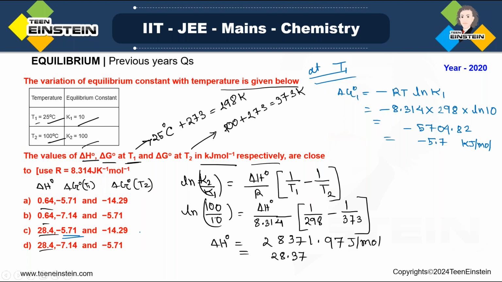Now we don't even have to find the del G2 value because we have already found that option C should be the correct answer. But if we calculate it, it is minus RT ln K2.